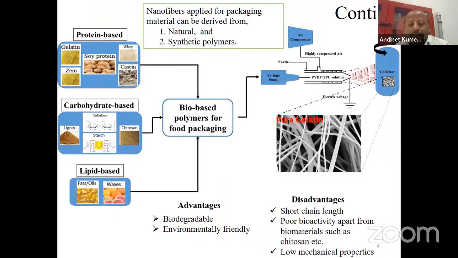These nanofibers, which are applied for food packaging, are basically made from either natural or synthetic polymers. If the nanofiber is made from bio-based polymers, it has its own advantages and disadvantages. Biodegradability and being environmentally friendly are the major advantages of a nanofiber obtained from bio-based polymers.